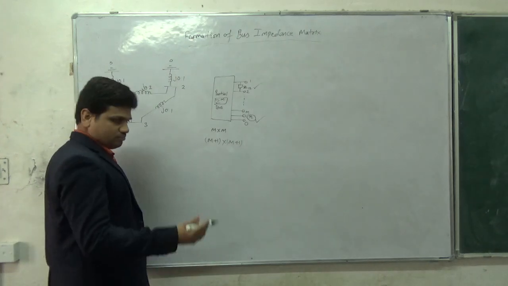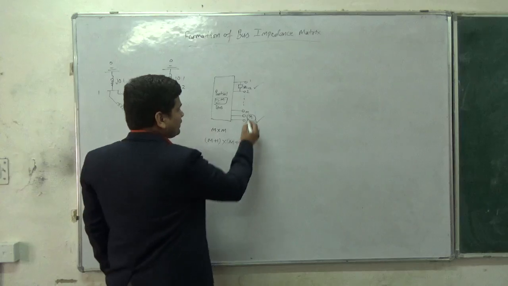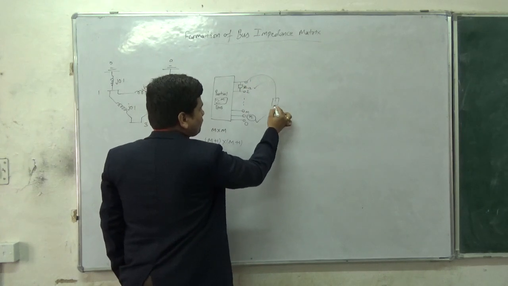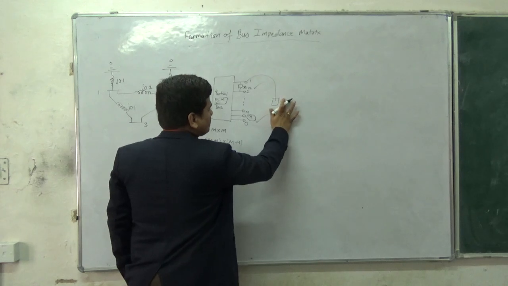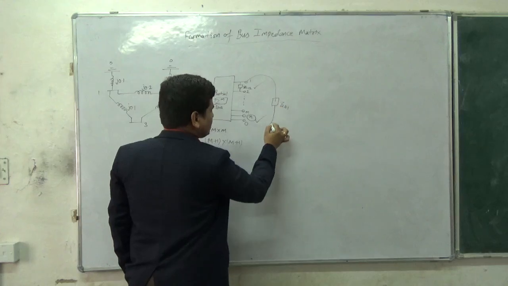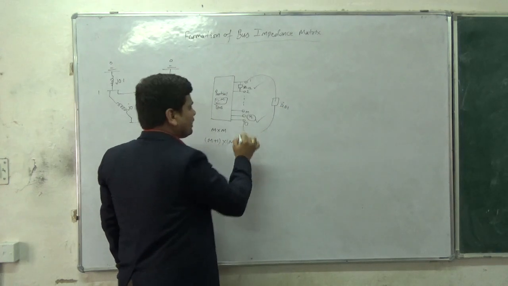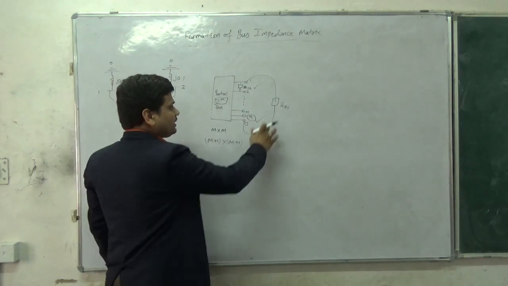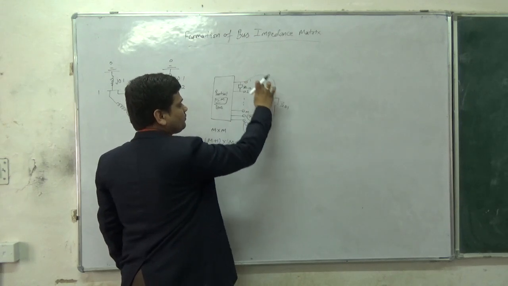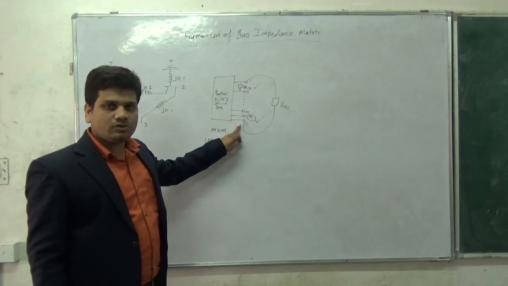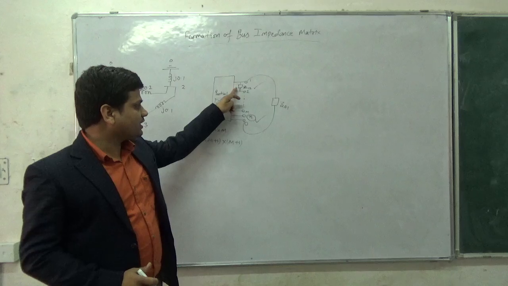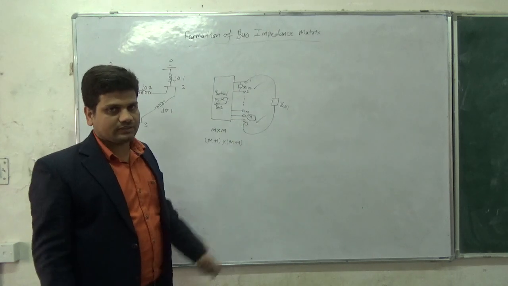Now the third possibility may be that suppose a new impedance having some value, let's say Z01, is connected between bus number 1 and the reference node. So there is a difference between these two, 1 and 2, and this one, 1 and 0, because 0 is the reference node. So my analysis will be different for each of these cases.